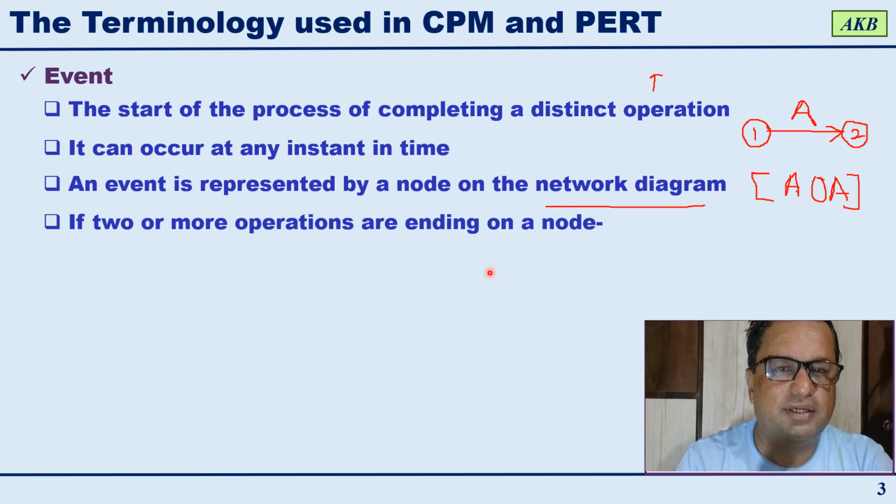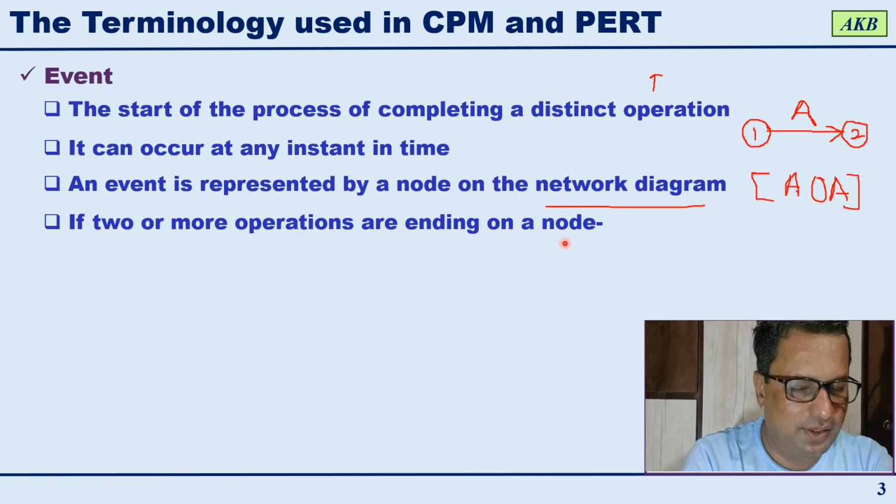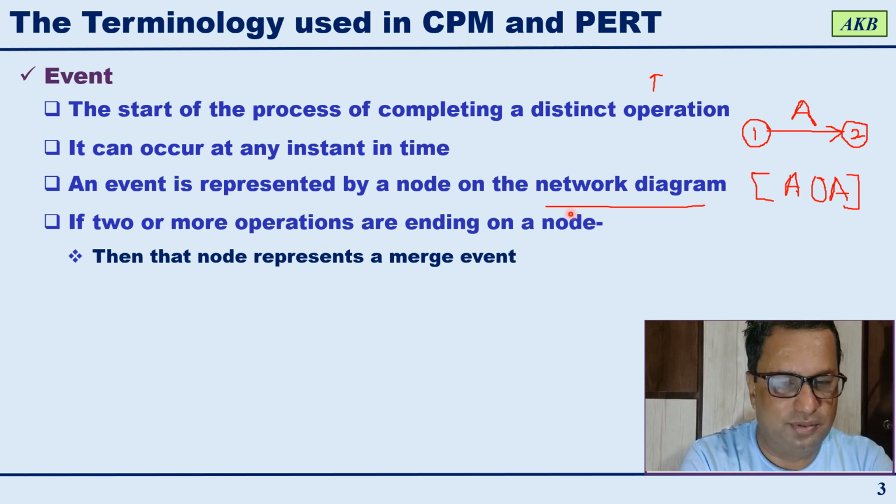If two or more operations are ending on a node, let us say there are two activities, and these two activities get completed simultaneously, on the network diagram they will be represented in this way. Those two or more activities will be ending on a node. When this happens, the node that comes into the picture is called a merge event.